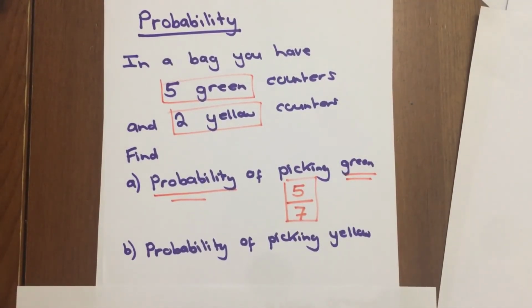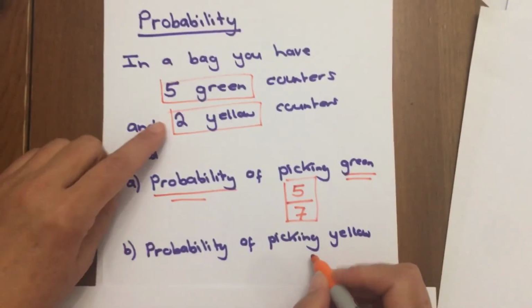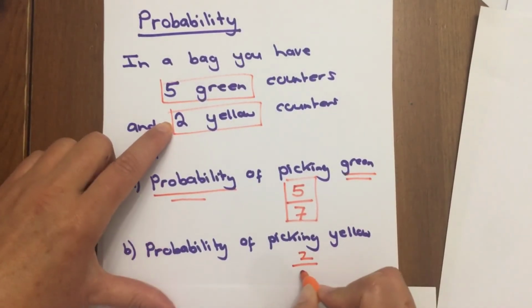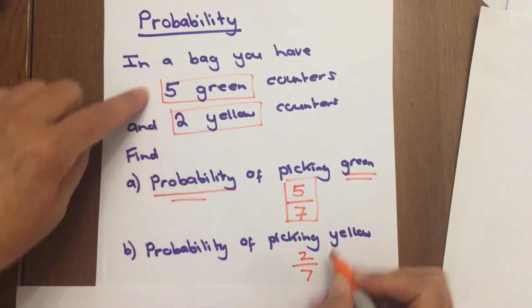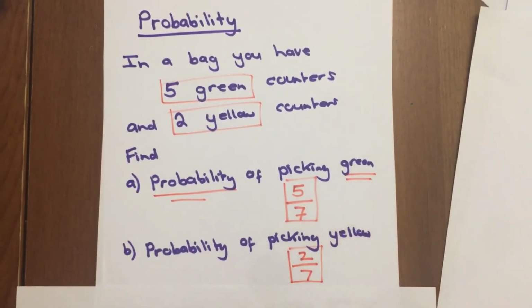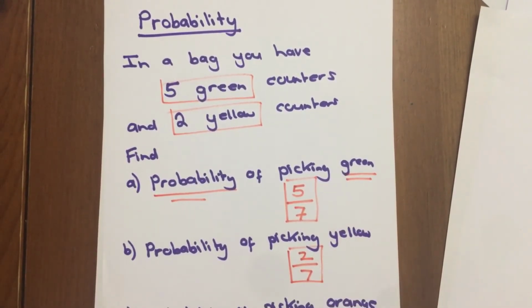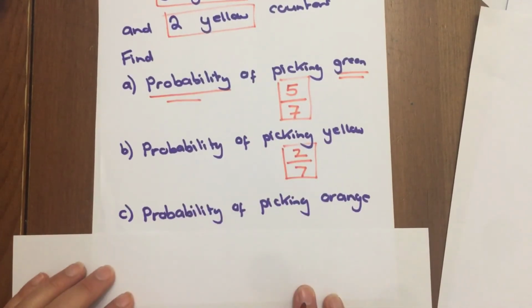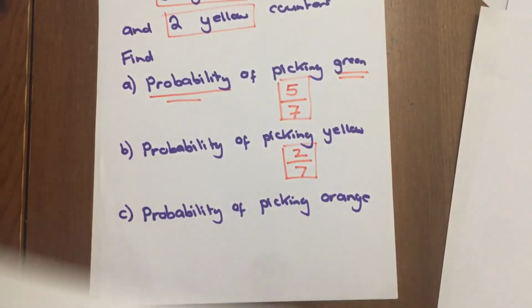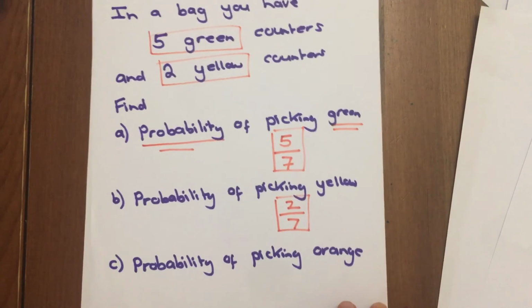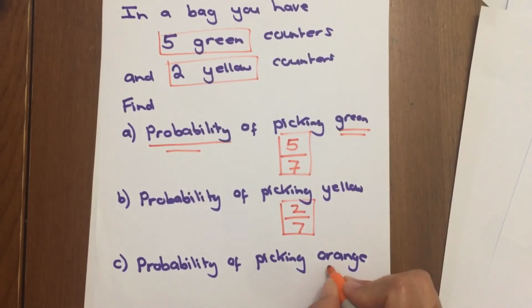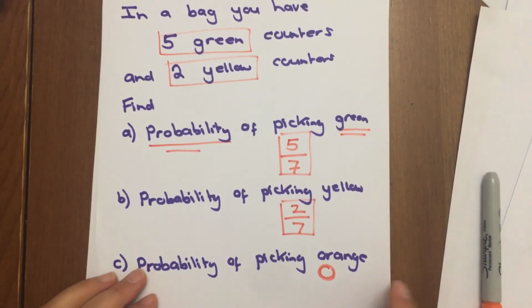Okay, what's the probability of picking yellow? You've got 2 yellow out of a total of 7. Well done. And the last question, what's the probability of picking orange? Well, there aren't any orange counters, so we say it has a probability of 0 because there are no orange counters.